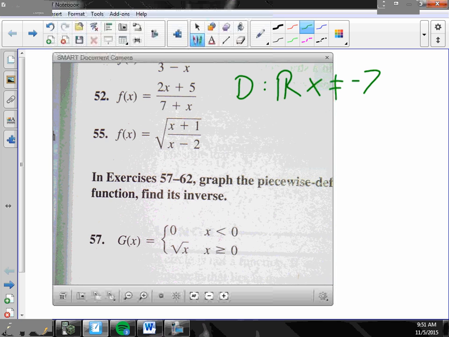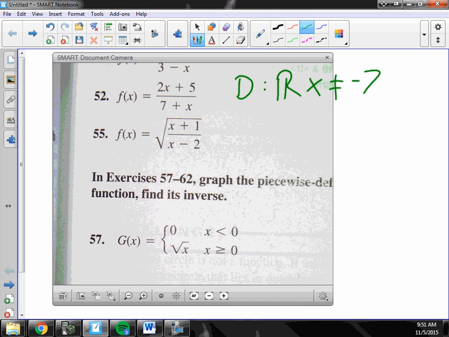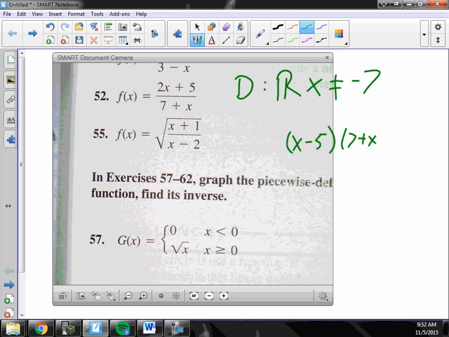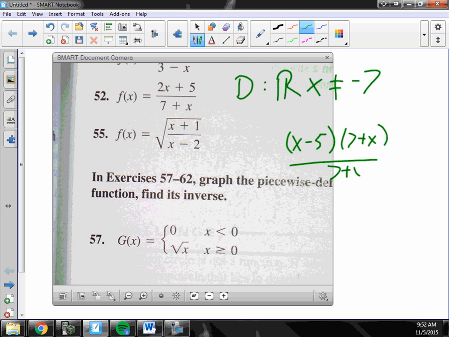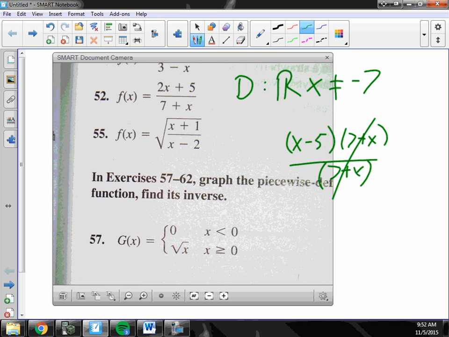If 7 plus x cancels, it's a hole. If 7 plus x does not cancel, then it's an asymptote. Can we divide out 7 plus x? Is there a 7 plus x in the numerator? No.